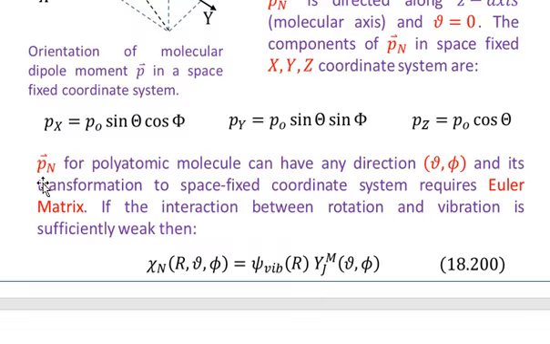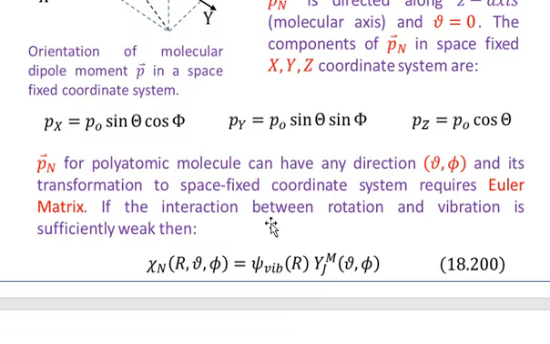But the Pn for a polyatomic molecule can have any direction theta and phi, and its transformation to the space fixed coordinate system requires the Euler matrix. That is, if you want to find the components of this Pn in the space fixed coordinate system, which is capital X, capital Y, and capital Z, then of course the Euler transformation is required between the two coordinate systems. For that, the Euler matrix is required.